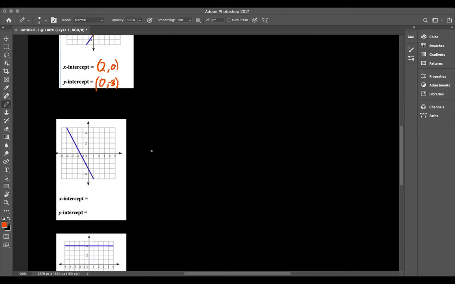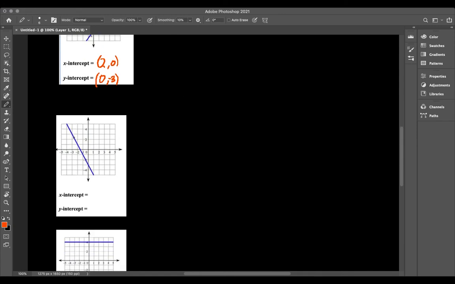So let's try the second one here. Okay, so we see this point right here, right in the middle, and then we have a point right here. We know that this is the x, and this is the y. All right, so let's look at the points. On the x-axis here, which would be the x-intercept, we got 1, and then we got a half.